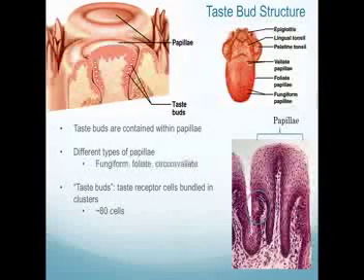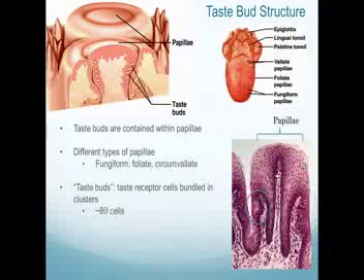Take a look at the true histological section here, and this is what you'll be studying as well, so I suggest that you start learning this now. Here you have the one large papilla, and what's circled there is a taste bud. If you look inside that taste bud, you see many different cells, which allow the integration of taste.